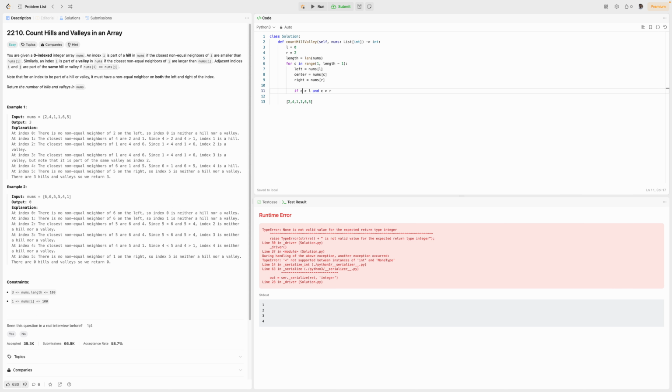If center is more than L and center is more than right, print hill.